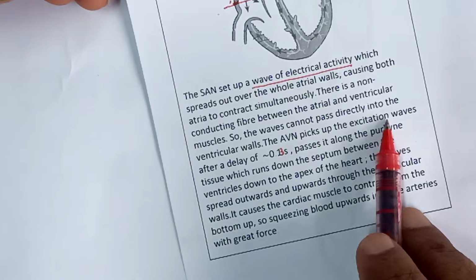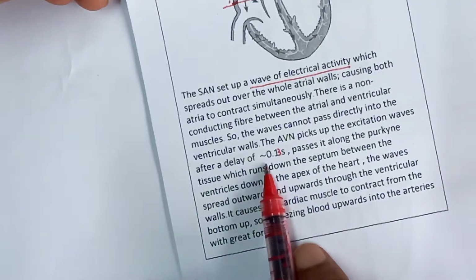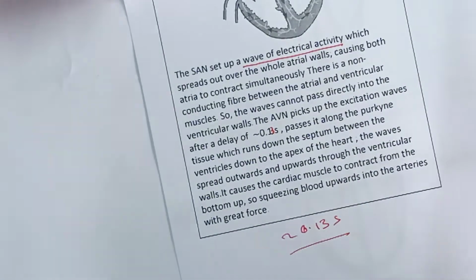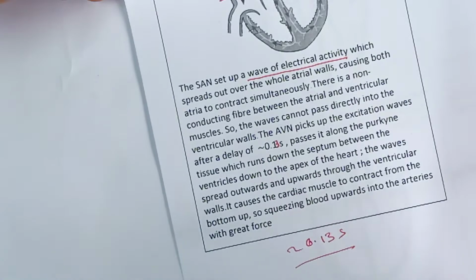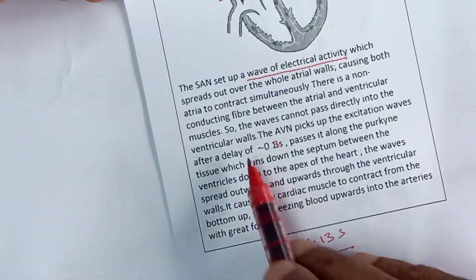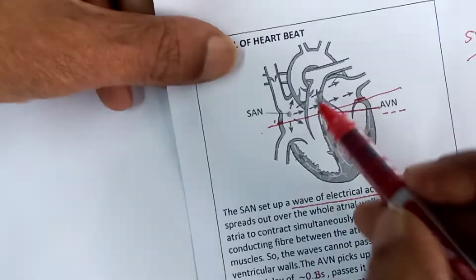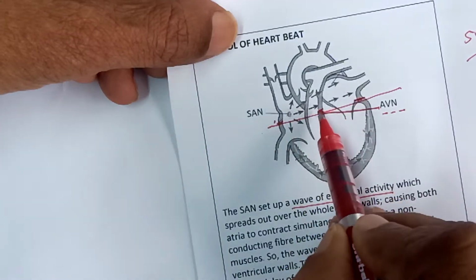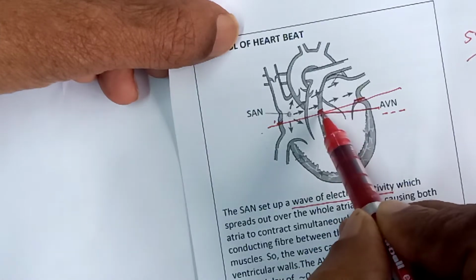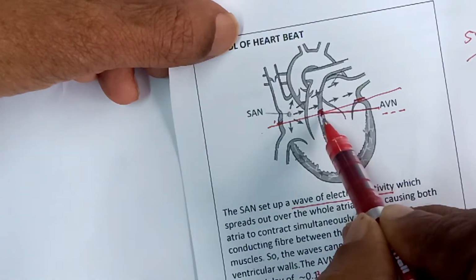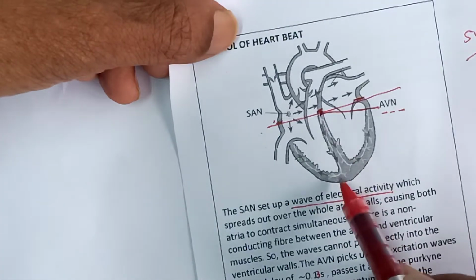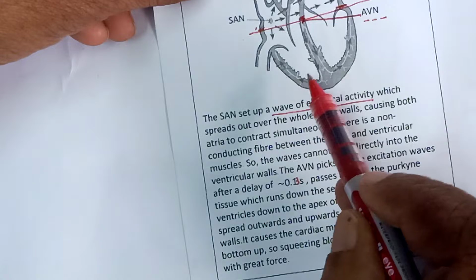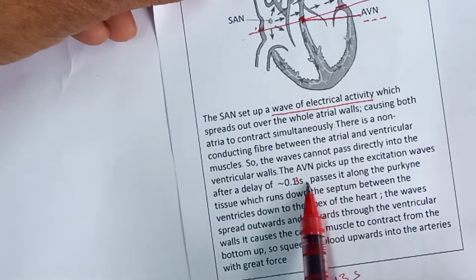Okay. The AVN picks up the excitation wave after a delay of 0.13 second approximately. After the wave of excitation converges and is directed into the AVN, it moves down here to the apex, and there is a delay of 0.13 second.